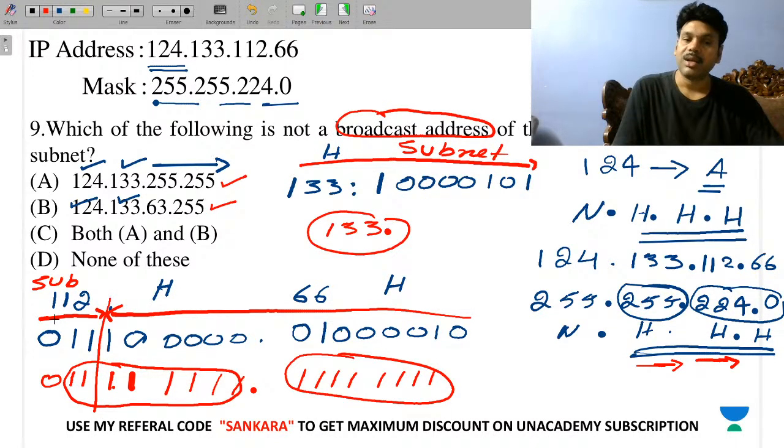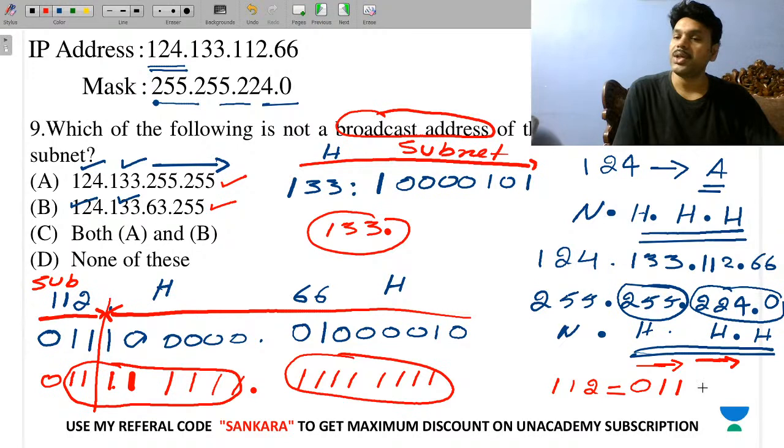What is that? Write your 112 in binary. So what is 112 in binary? Let me cross check. So 128 is off, 64 is on, 32 is on, 16 is on. So therefore 64, 32, 16 is 112 or not?